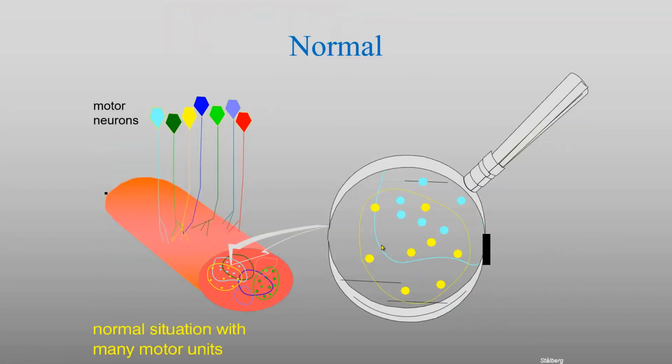And here is what we think of in patient that had a polio. First of all, here's the spinal cord with different motor neurons here, and this is what we see locally. These are 2 motor units that are overlapping, coming from the blue and the yellow neuron here. This is a normal mixed situation.